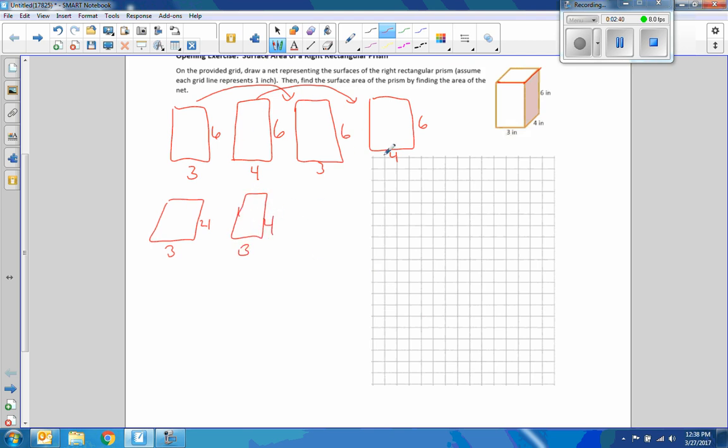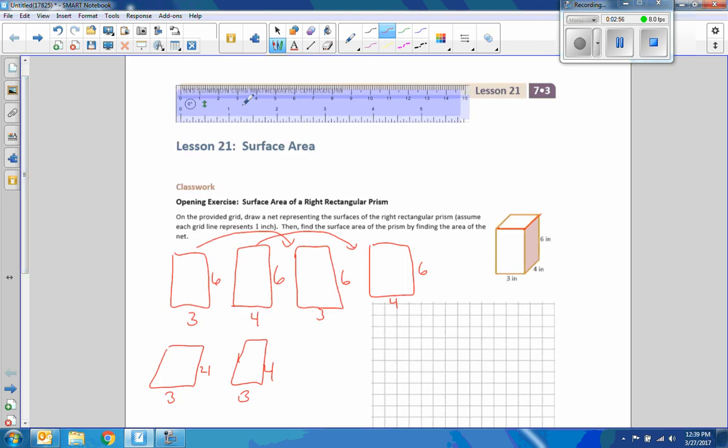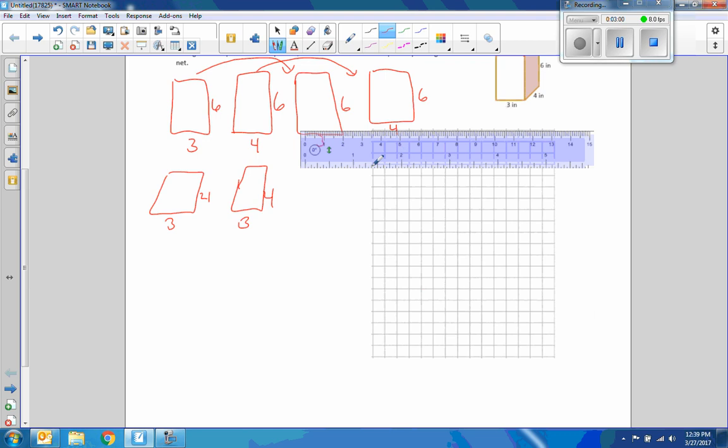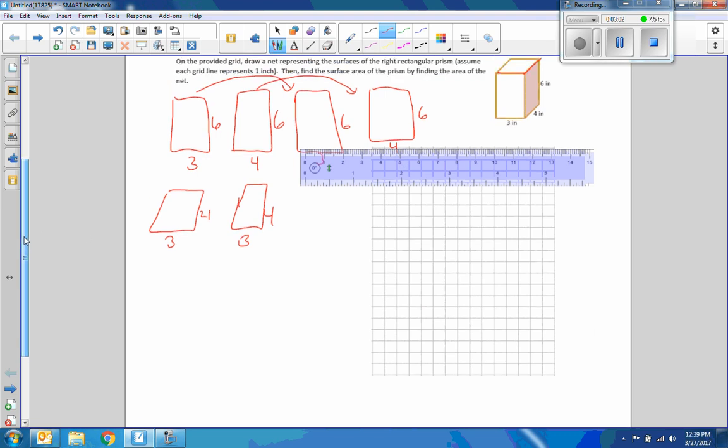So if I cut this all out, it was all connected, then my net would look something like this. So let me be really neat about this, and I will use a ruler. It's really hard to draw straight lines with just this pen, so I'll bring this down. Okay, so bear with me because in math we need to be precise.